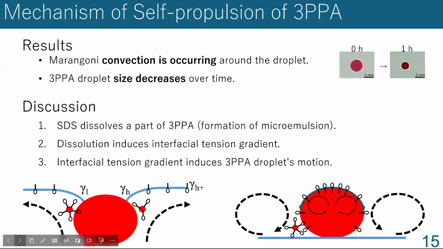From these two results, I made this discussion. The reason why the 3-PPA is moving is, firstly, SDS dissolves a part of the 3-PPA, and the formation of microemulsion occurs. Second, the dissolution induces an interfacial tension gradient. And finally, this interfacial tension gradient induces the 3-PPA droplet motion.